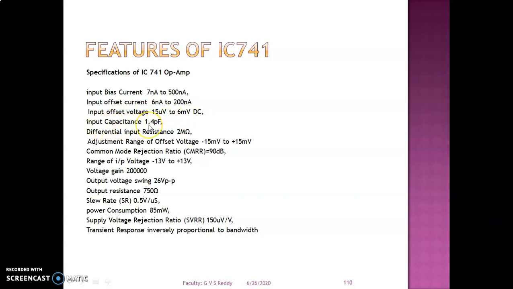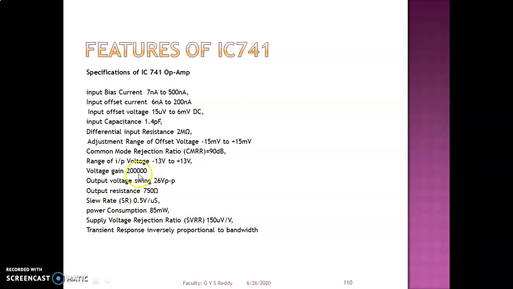Input capacitance is 1.4 picofarads. Differential input range is 2 megaohms. Adjustable range of offset voltage is minus 15 millivolts to plus 15 millivolts. Common mode rejection ratio is 19 decibels. The range of input voltage is from minus 13 volts to plus 13 volts.